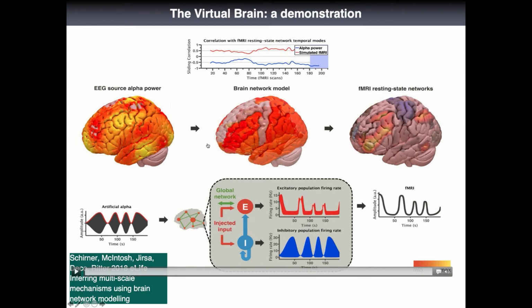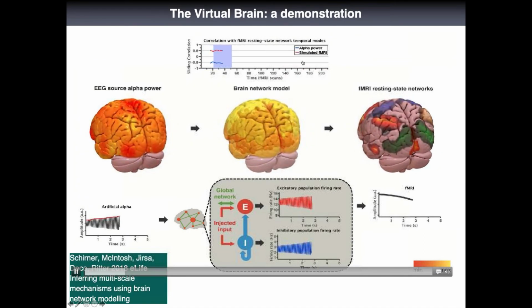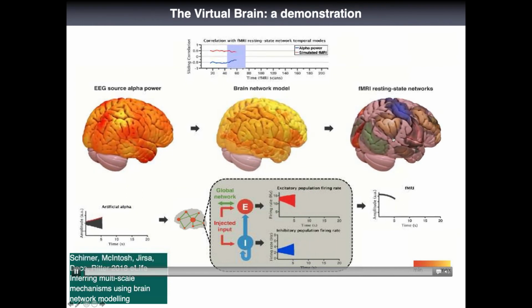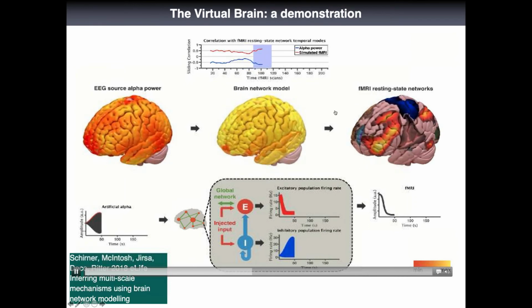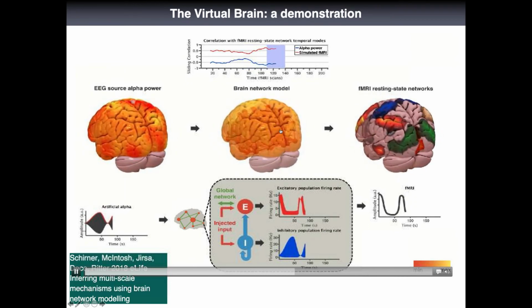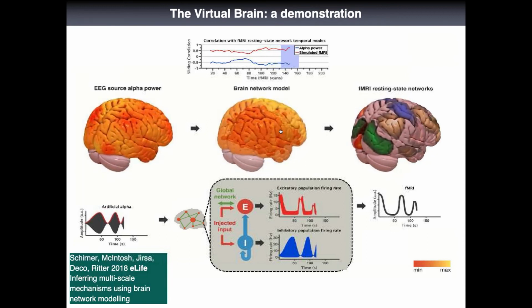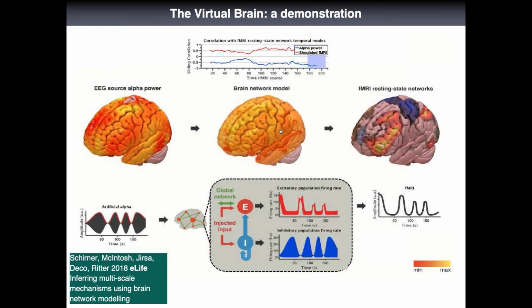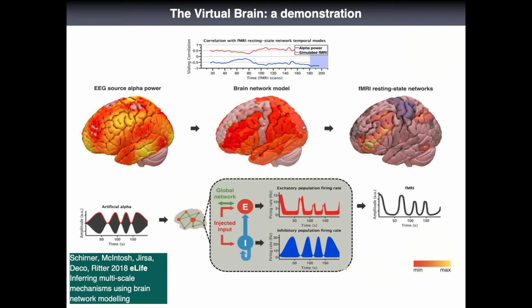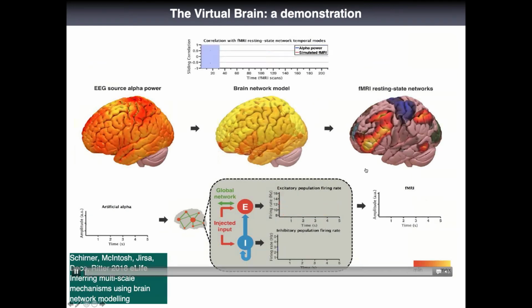This is a whole virtual brain model that is tuned against fMRI data in a way that manages to reproduce a series of observable phenomena of neuroimaging, like the scaling of EEG source alpha power, the anti-correlation between alpha power and fMRI, and the main fMRI resting state networks that we detect when we do a correlation analysis of fMRI. So this is the kind of science we want to do. We want to have a brain model that we can simulate and test against neuroimaging data that we have available.